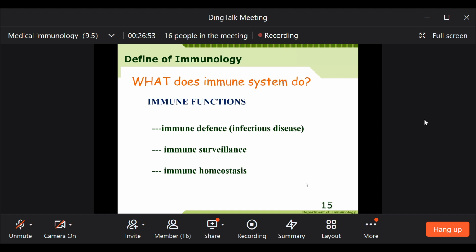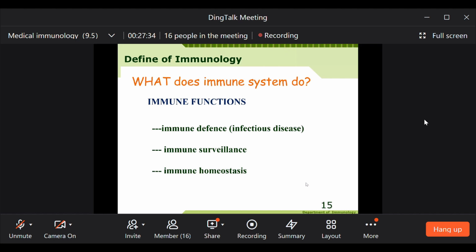So we should understand that immune surveillance is to remove the mutated tumor cells, the senescent cells, and the dead cells. That is just the surveillance.